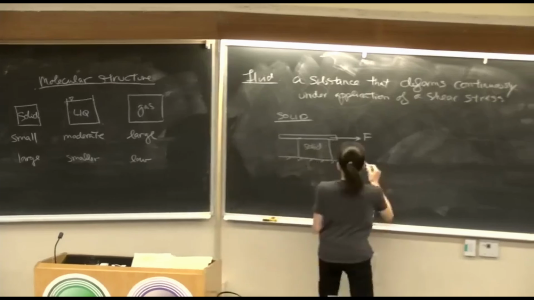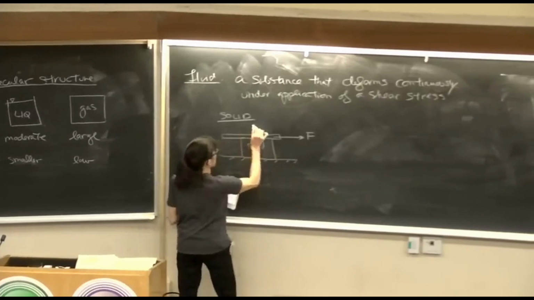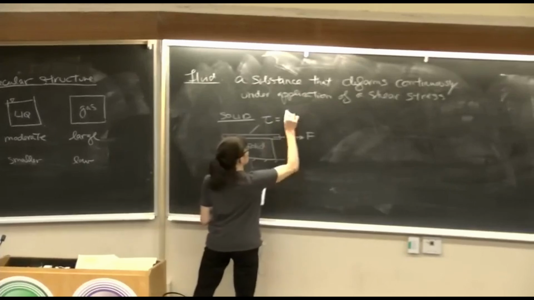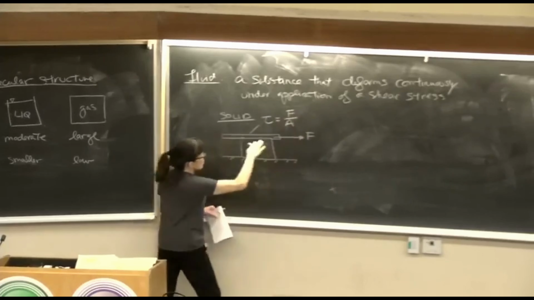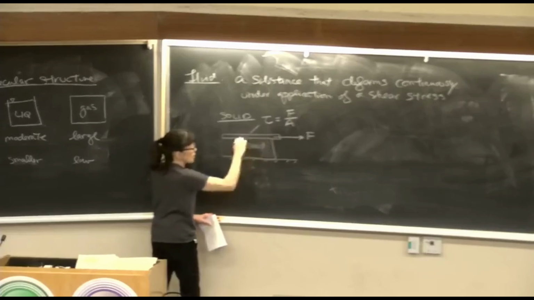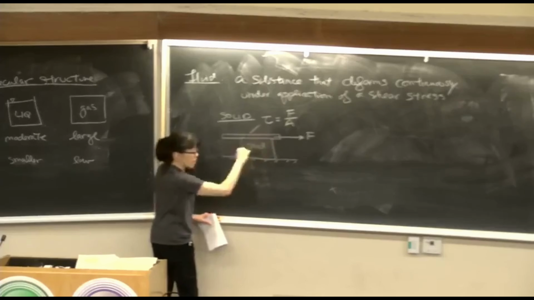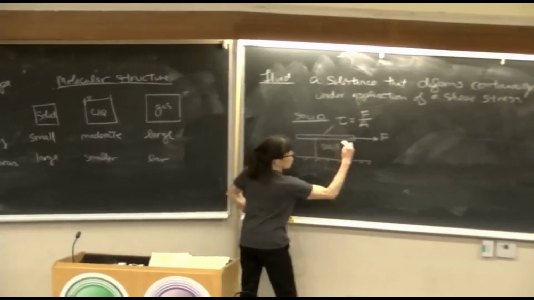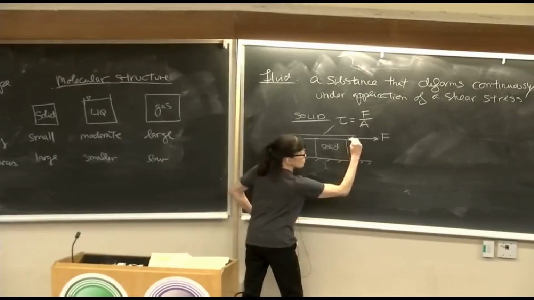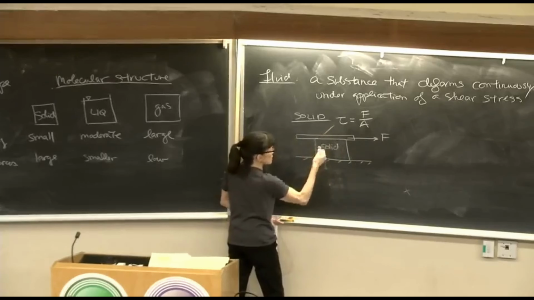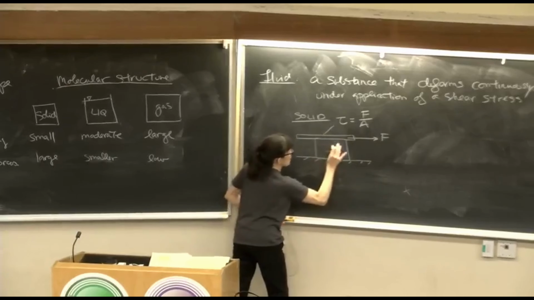And so we can consider this shear stress as tau equal force per this area that the force is acting over. So maybe this is a cube, and this would be that square area. Once I impose this force, then due to this shear stress, there will be a deformation.